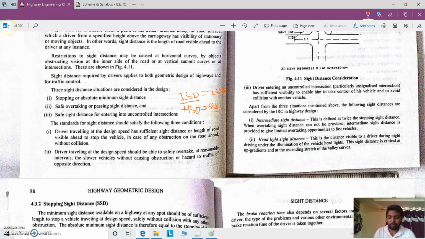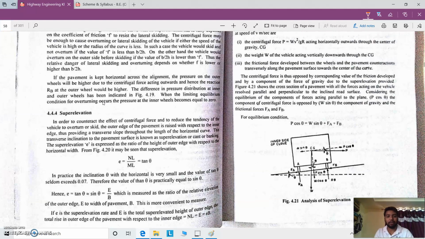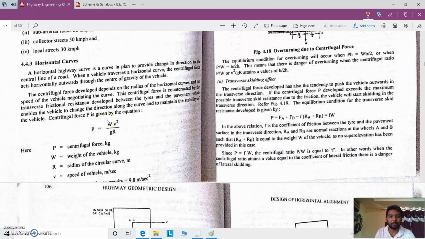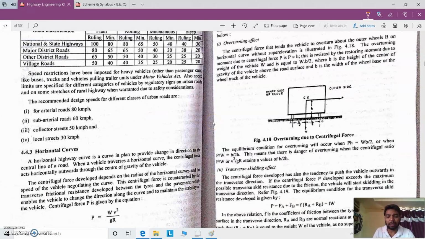Before starting horizontal curves we should know why a horizontal curve is provided and what is the necessity of providing it on the highway. A horizontal curve is provided when the alignment of a highway changes its direction. For example, if the alignment of the highway is in this manner, it changes its center line direction from the main direction and follows a curved path.